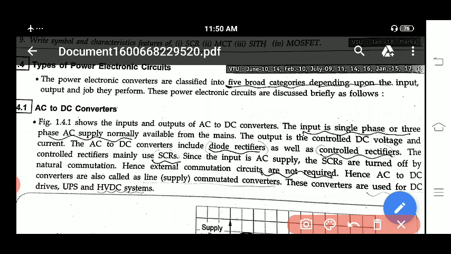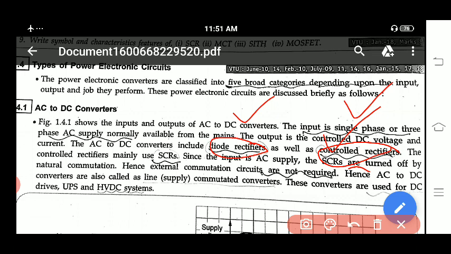We'll see here the input and output characteristic of AC to DC converter. Input is single phase or 3-phase AC supply. Output is controlled DC voltage and current. AC to DC converter includes diode rectifiers as well as controlled rectifiers.